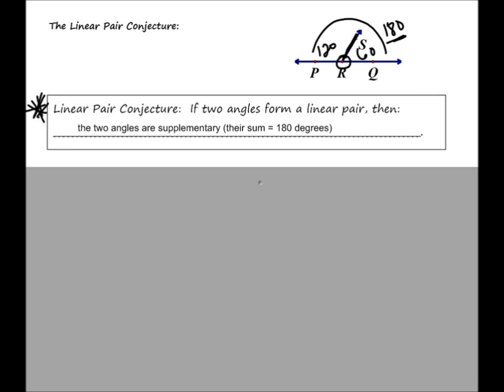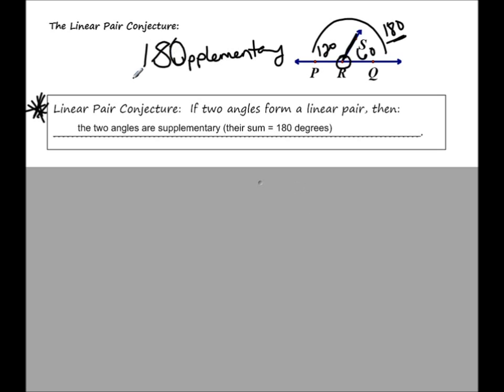Okay, and one of the ways that I remember supplementary versus complementary, supplementary, if you spell it out, S-U-P-P-L-E-M-E-N-T-R-Y, you can turn that S into an 8. So it kind of triggers your brain to think 180 degrees, right? Because so many times students confuse complementary with supplementary, and they always get them mixed up.